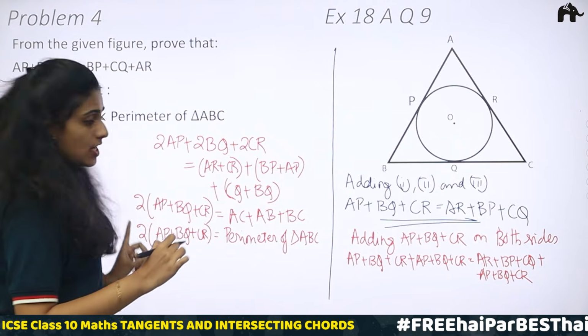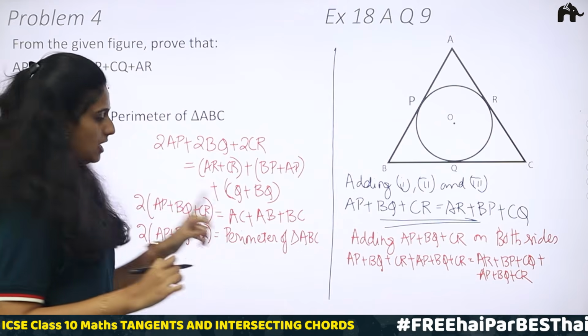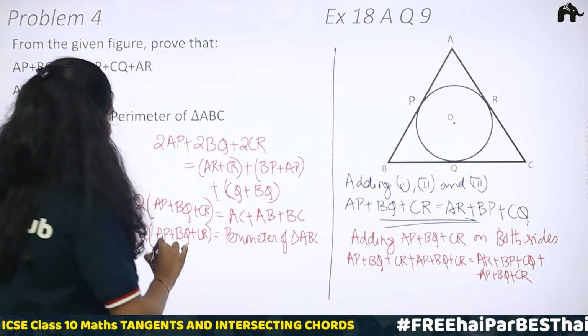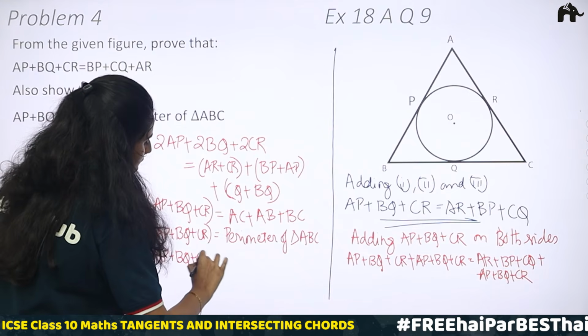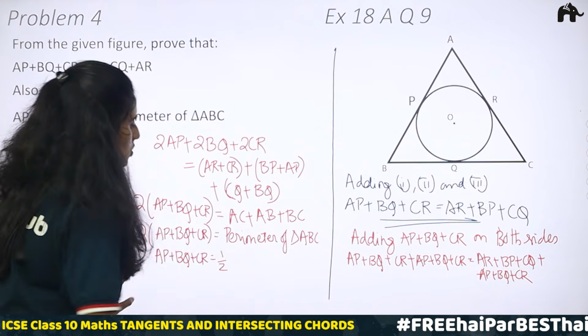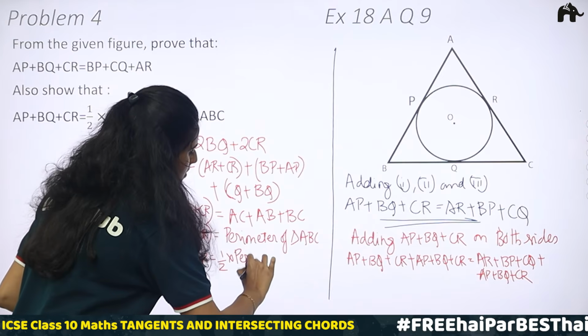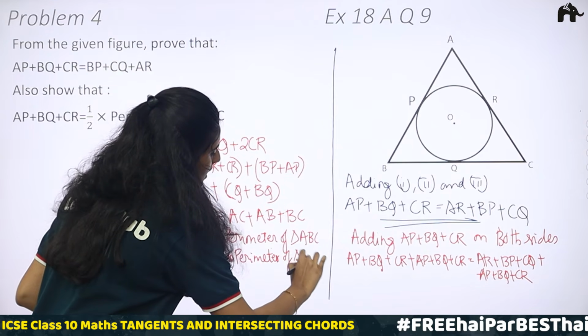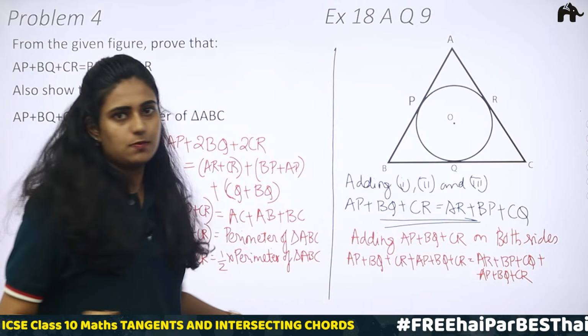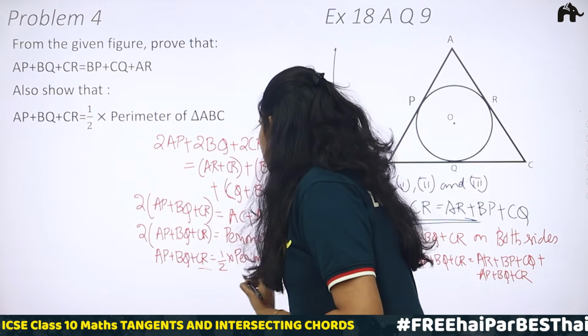Here we have a 2. Taking this 2 to the opposite side, multiplication becomes division. That is, AP plus BQ plus CR is equal to half into the perimeter of triangle ABC. Hence proved. So this is what we had to show.